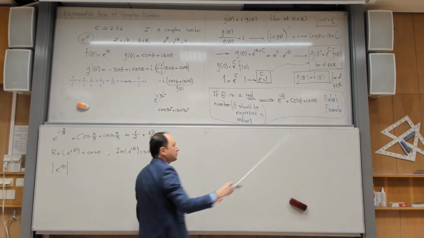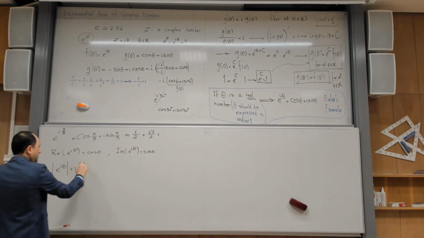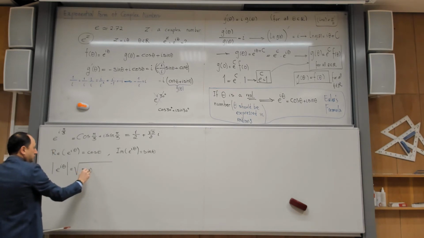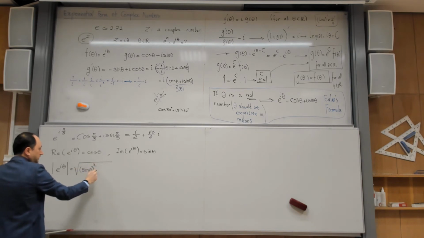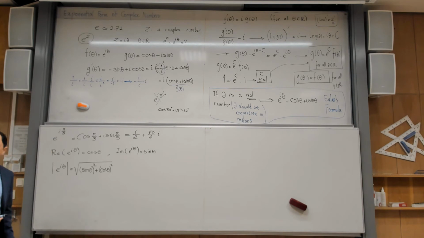You want to find the absolute value. So what I'm supposed to do, I have to take the square root. I take the real part, square it. So this is the imaginary part. I take the imaginary part, square it, and plus the real part, square it. Do you agree? That was the definition of absolute value.